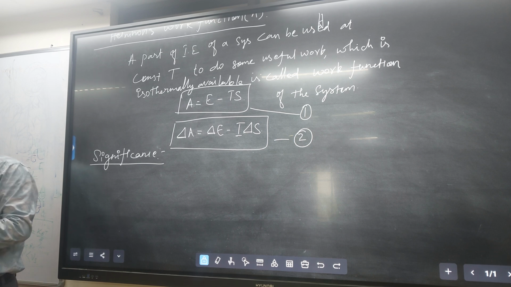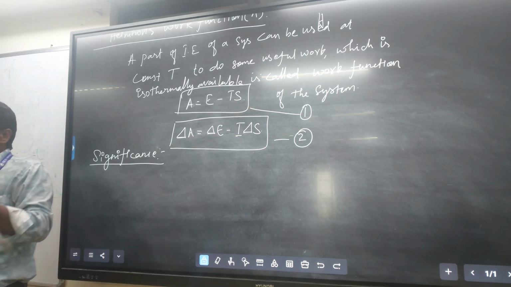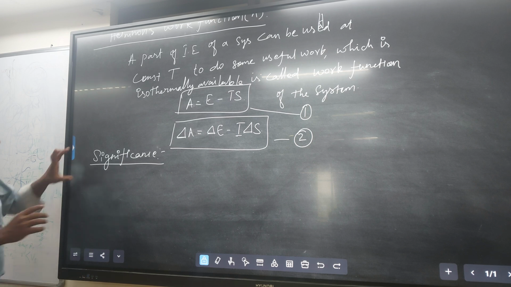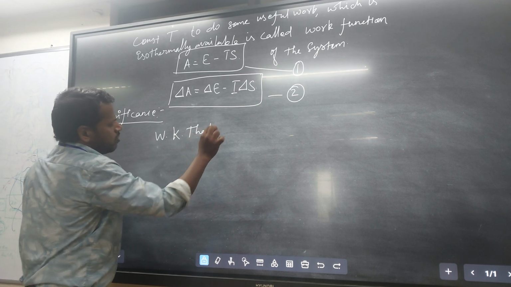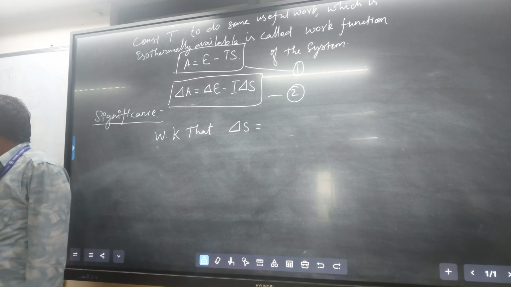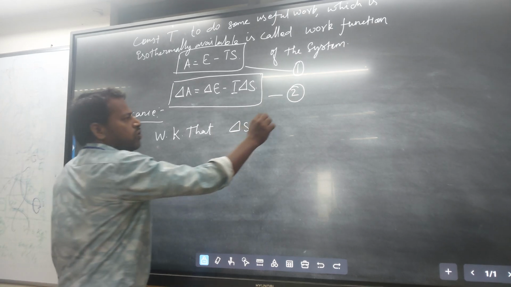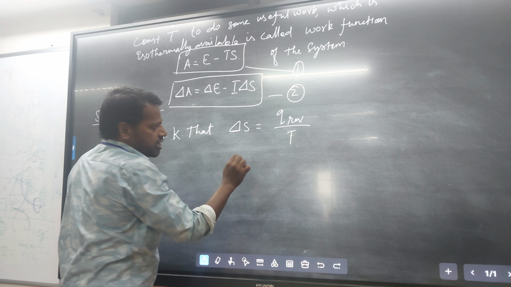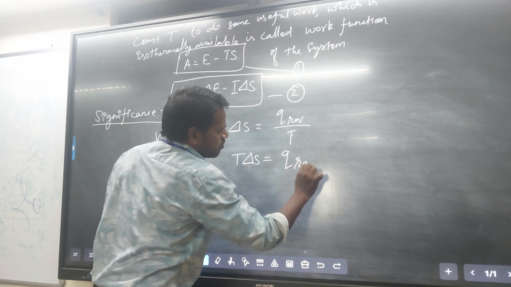But instead of T delta S, remember from the earlier classes, what is the entropy equation? Delta S equal to Q reversible by T. If you rearrange the equation, T delta S equal to Q reversible.